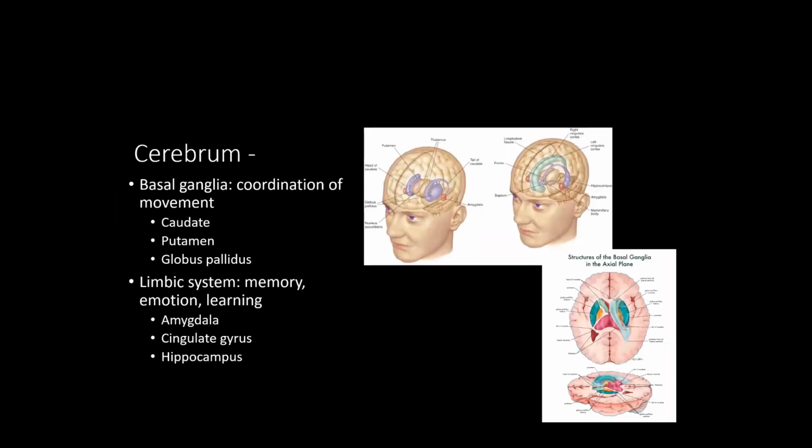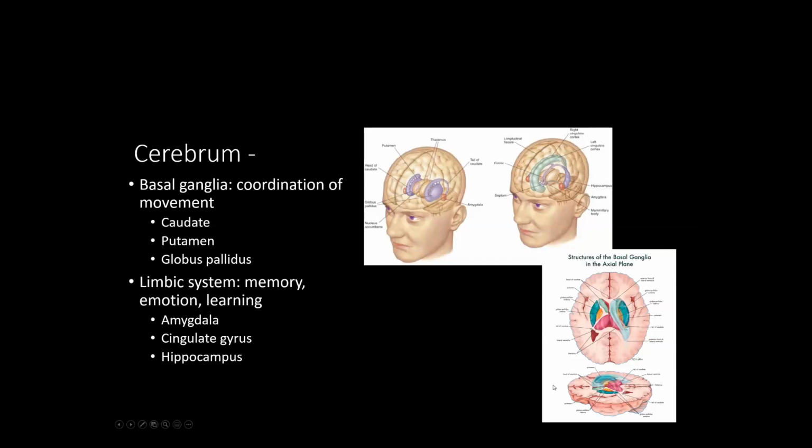Further down, we talk about the deep nuclei, the basal ganglia, which is predominantly concerned with coordination of movement. This consists of the caudate, the putamen, and the globus pallidus, the various nuclei of the basal ganglia, which are really involved in coordination of movement, which is why folks that have strokes or other lesions in that area will have a Parkinsonian type syndrome and difficulty with movement.